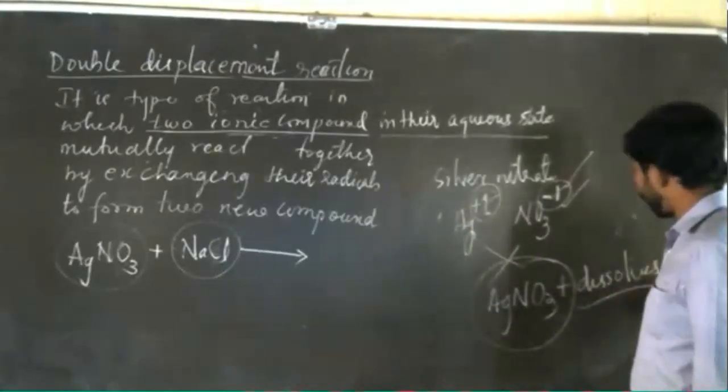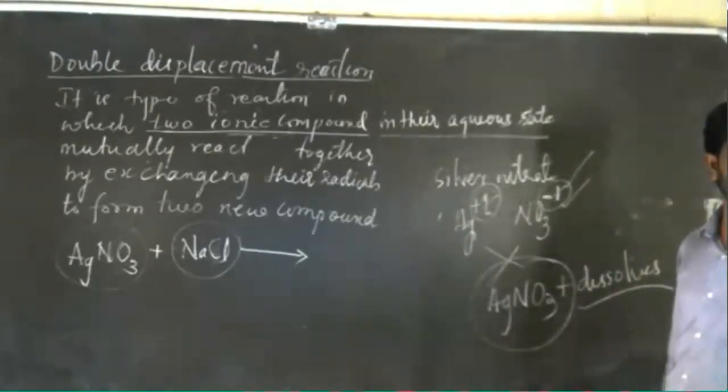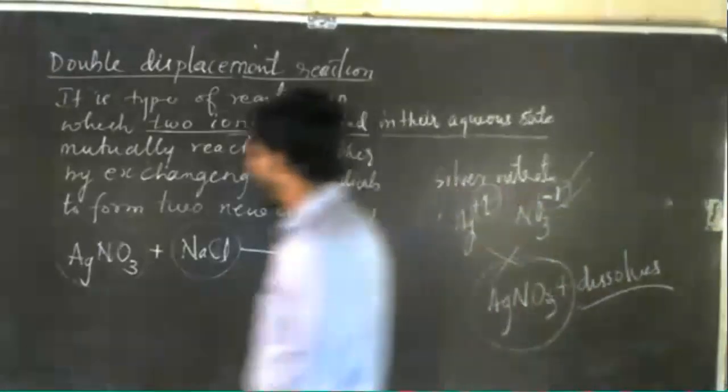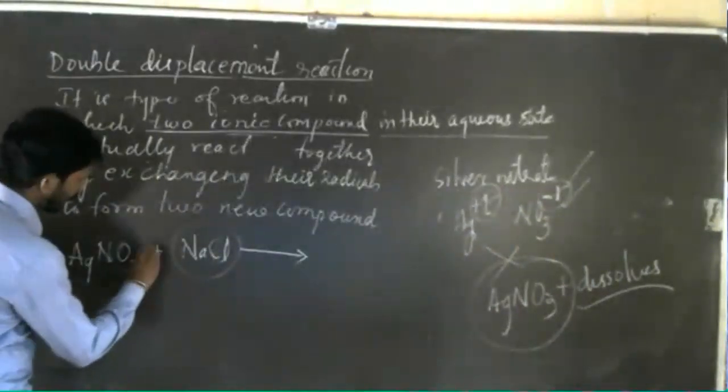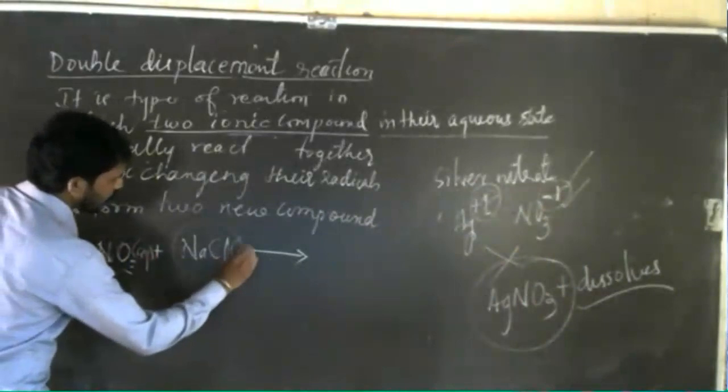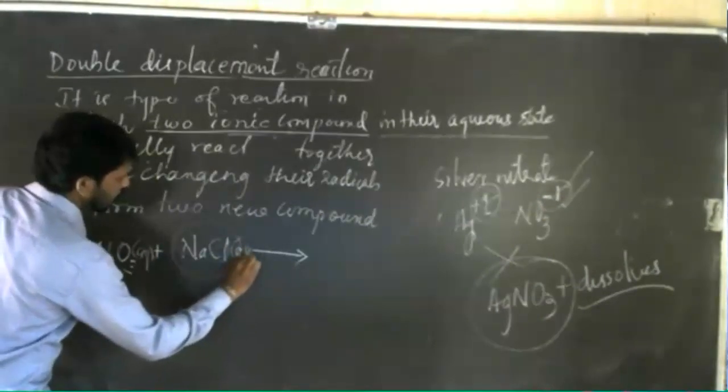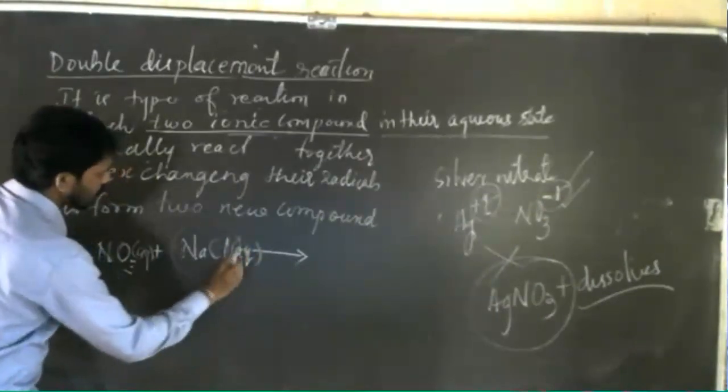If AgNO3 is dissolved in water, it is called an aqueous solution. NaCl is also aqueous.